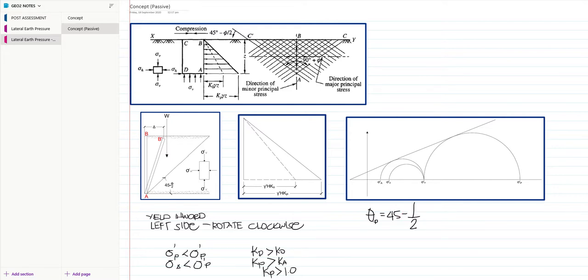So, yun lang naman yung parang tinatandaan ko ding concept regarding this one para alam ko ano yung angle of failure planes na difference nilang dalawa. Kasi si at rest earth pressure wala namang angle of failure plane since rigid and restrained from yielding yung retaining wall niya. So, yun yung major differences nung passive, active, and nung at rest earth condition.